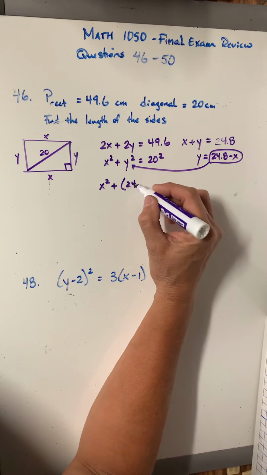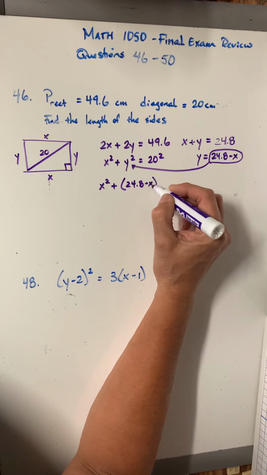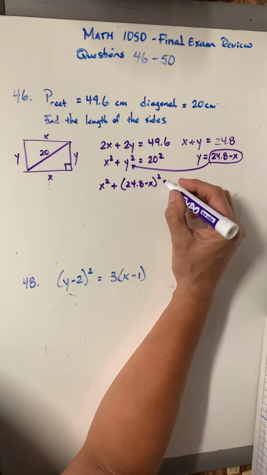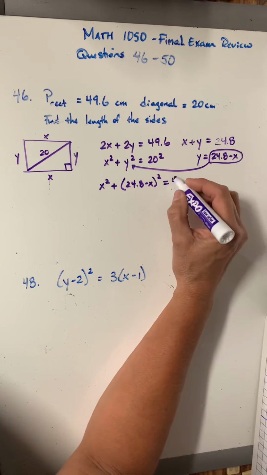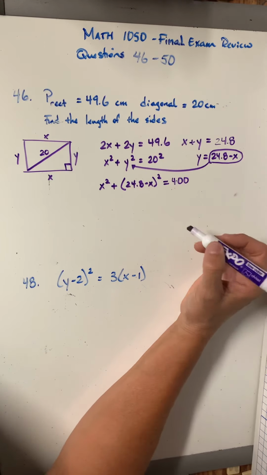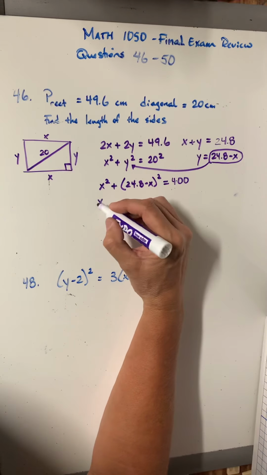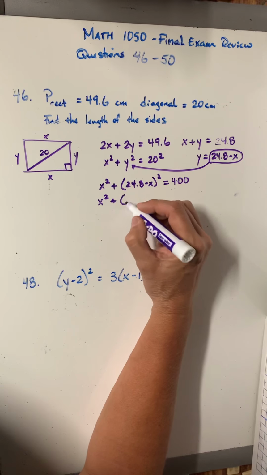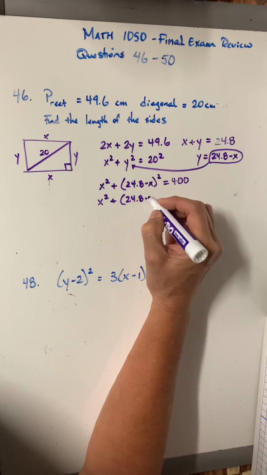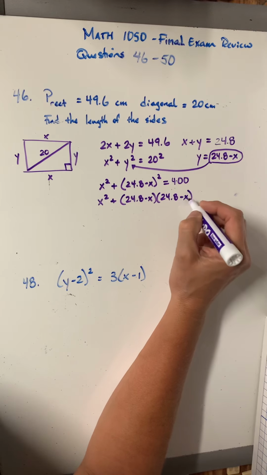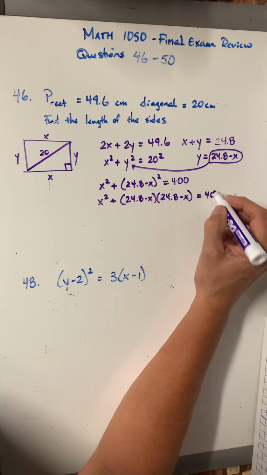So I'm going to put (24.8 minus x) squared, replacing the y with 24.8 minus x, equals 400, since 20 squared is 400. Now you're just going to solve this for x. So I need to FOIL (24.8 minus x) times (24.8 minus x) equals 400.